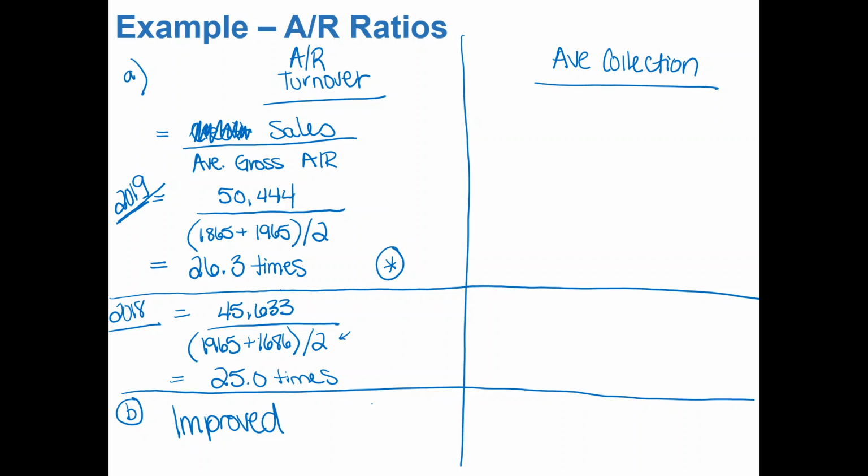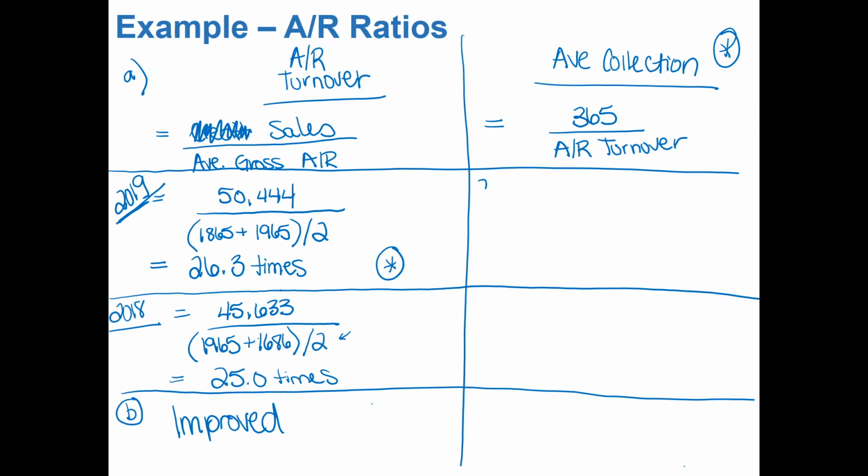Now, as I said, even to me, these numbers don't mean a whole lot, and that's why I like the AR collection or the days in AR, because it makes more sense to me. So we can calculate the ratios here, and it's equal to 365 divided by our AR turnover. So in 2019, we take 365, divide by the 26.3 that we calculated, and this is days because that's what we're calculating.